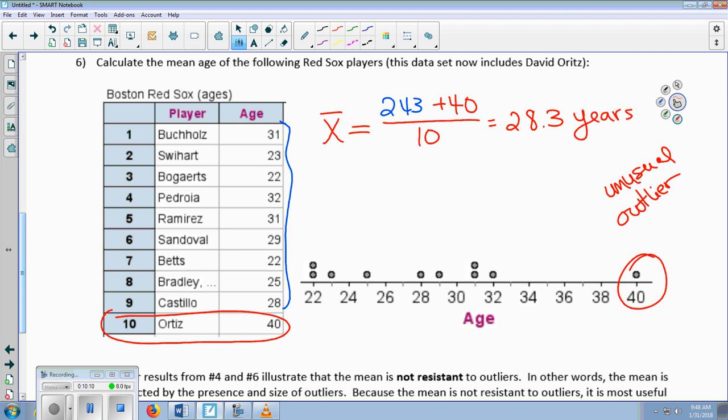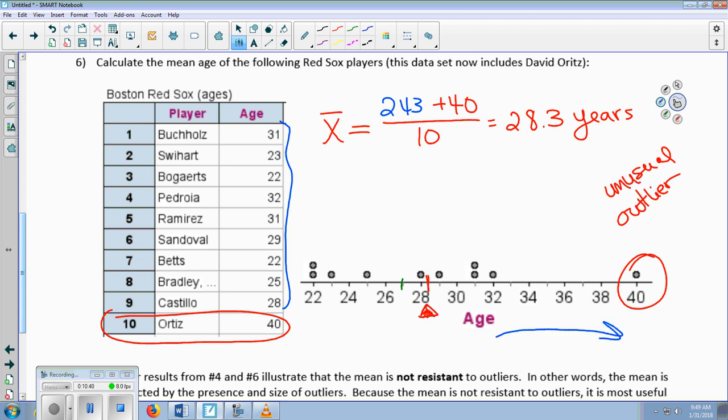Okay, so our old mean, I'll put a little mark on here, was at 27. Now our new mean with our new data point is 28.3. So when we have a data point that's pretty far away from the rest of our data, the mean is going to get pulled in the direction of the outlier.